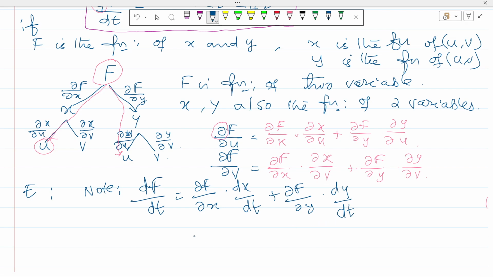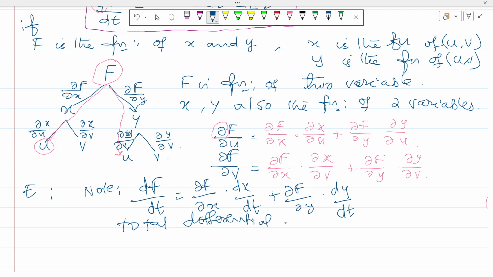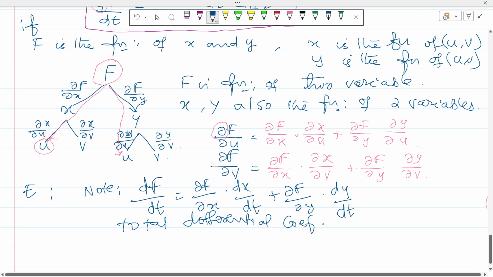This is called the total differential coefficient of f.